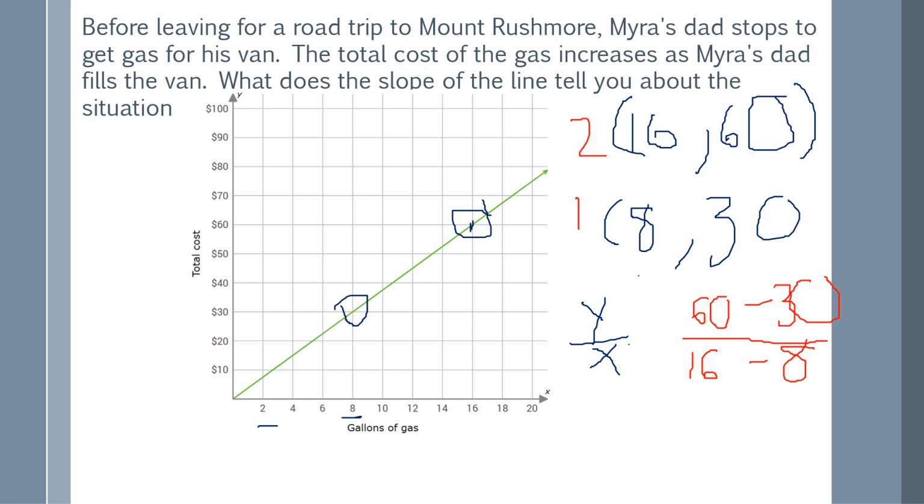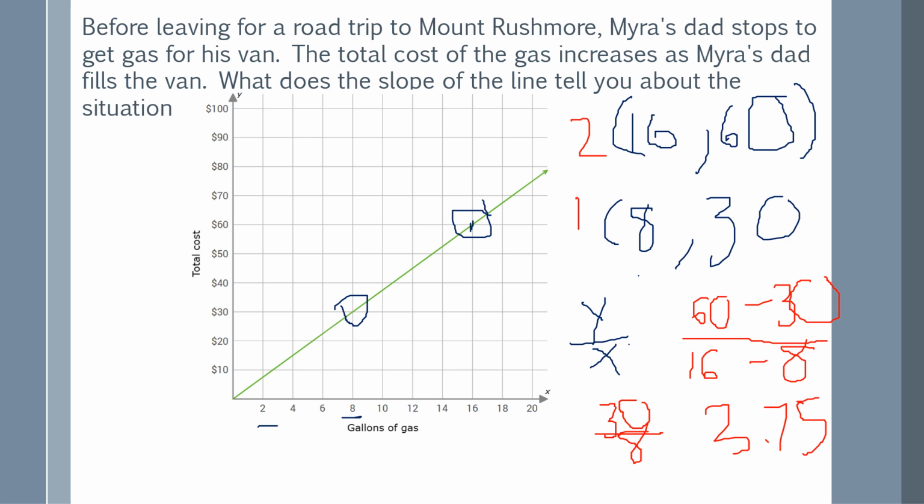So 60 minus 30, that's just 30. 30 divided by 8, I'm tripping, is 3.75. Our slope is 3.75.